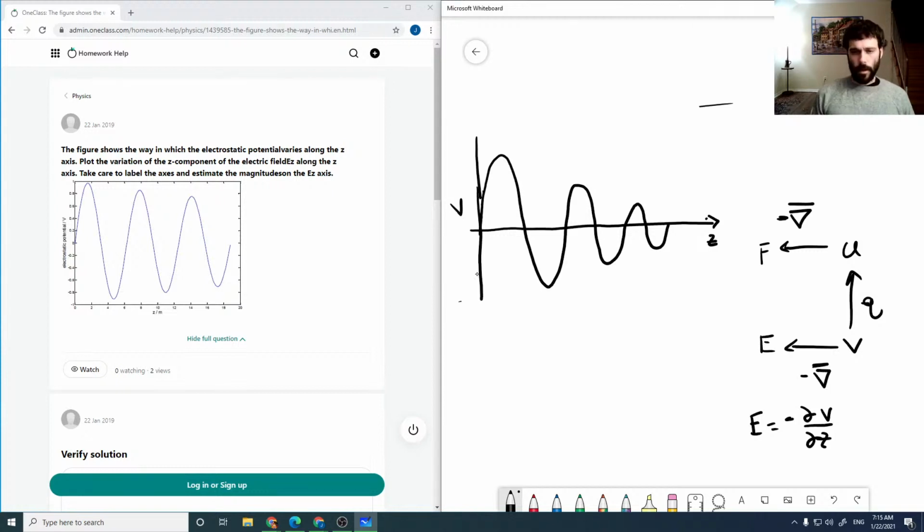And so to sketch out my E field, I can identify a few key points. Also, to get some values here, so this is given as 1, that's given as 0.8.